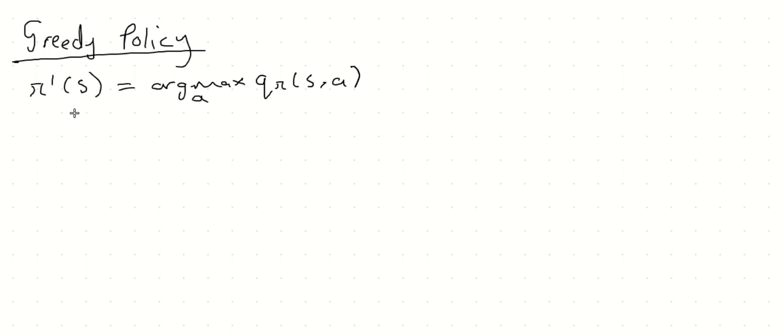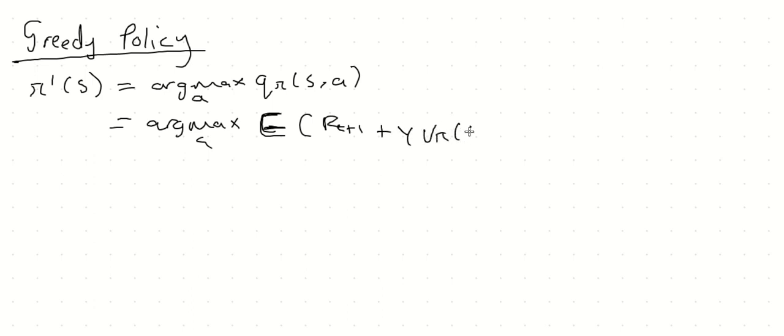So again, this will be just taking the argmax over all actions of the expectation of R_{t+1} plus gamma v pi of s_{t+1} given s comma a, right?